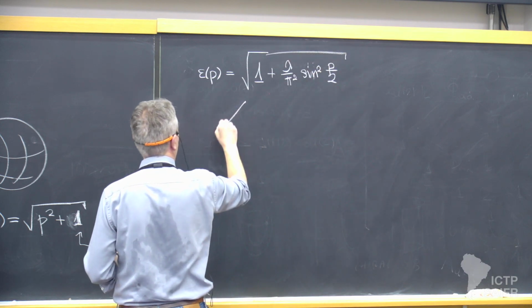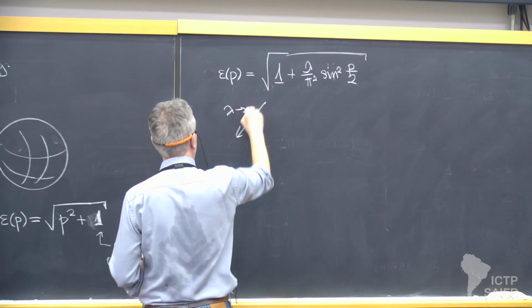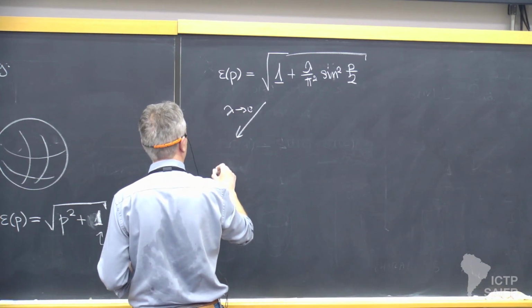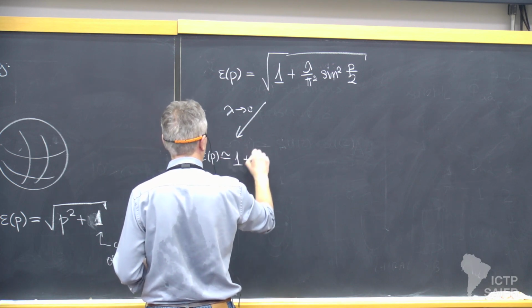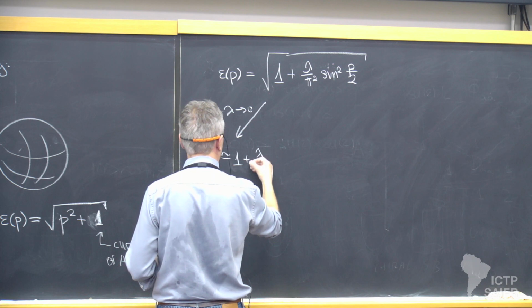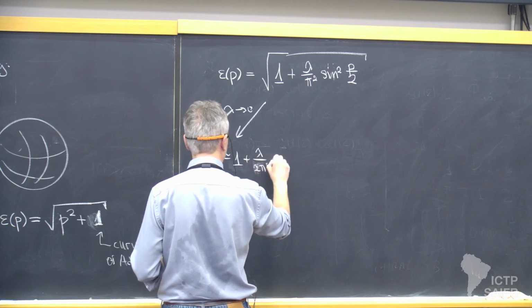So if lambda goes to 0, then you get the lattice dispersion relation for magnons.